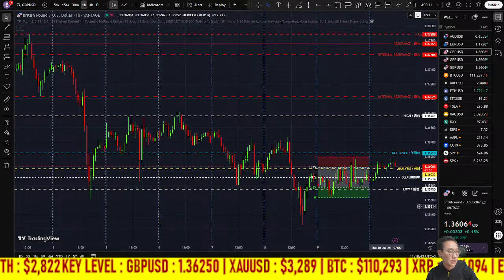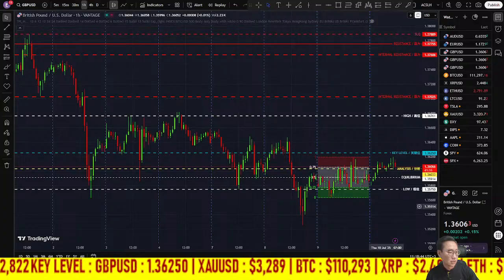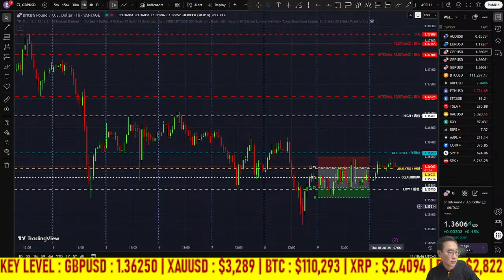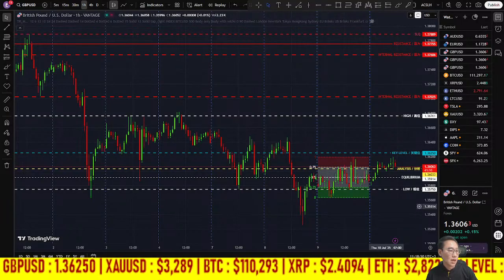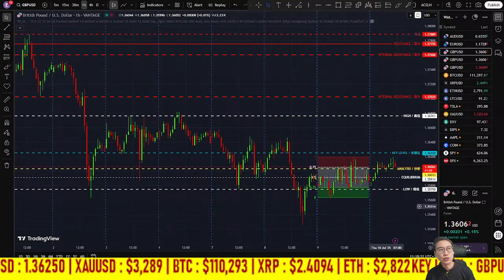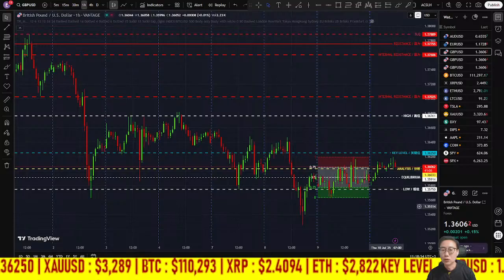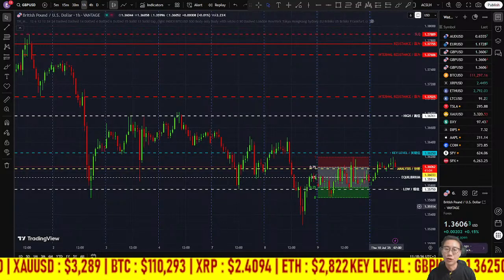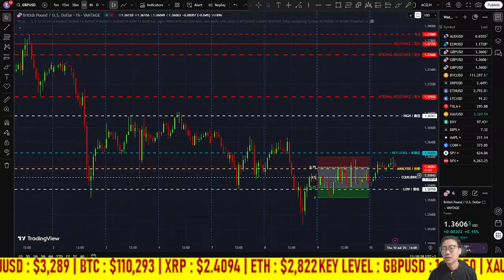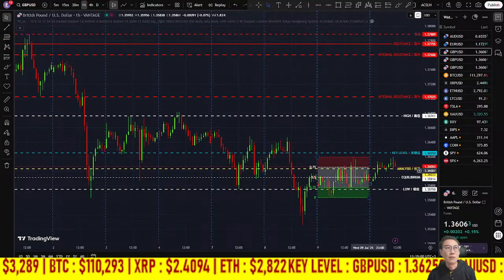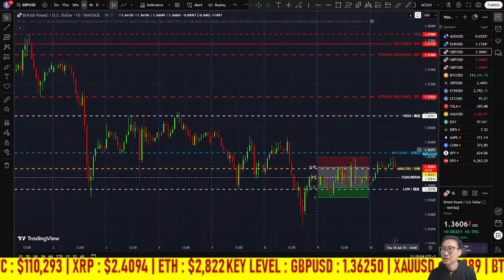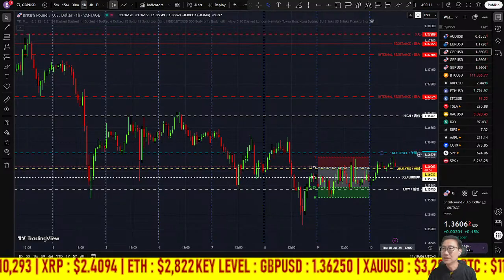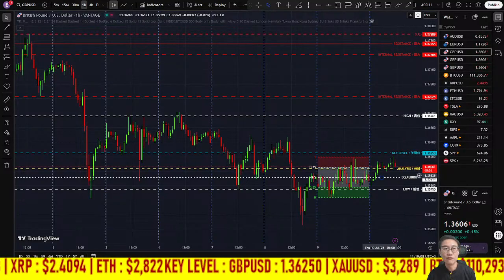The next thing we want to see is how we are going to trade this pound dollar to get the selling. First of all, I'm waiting for the price to test the key level, which is 136.250 for myself.